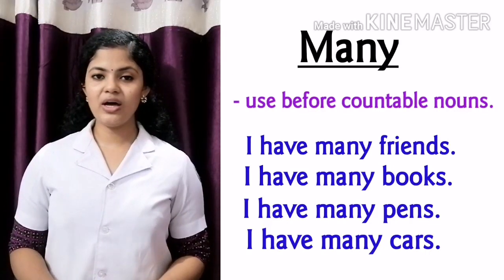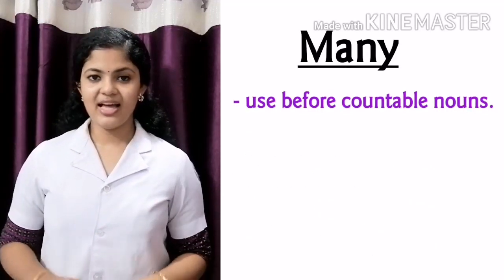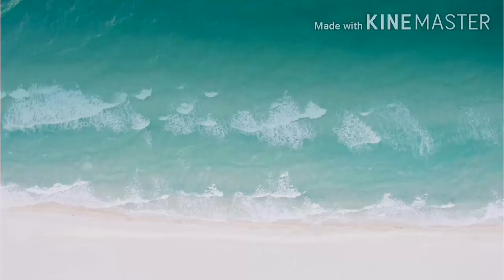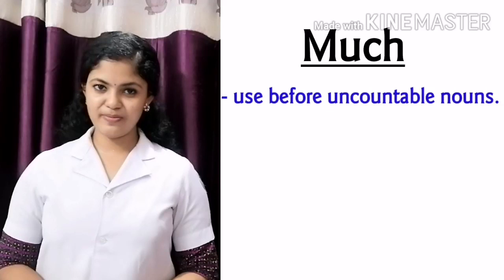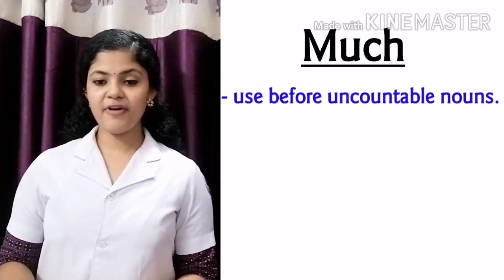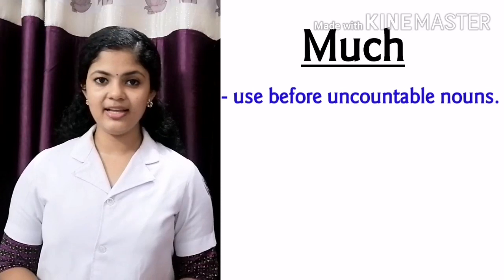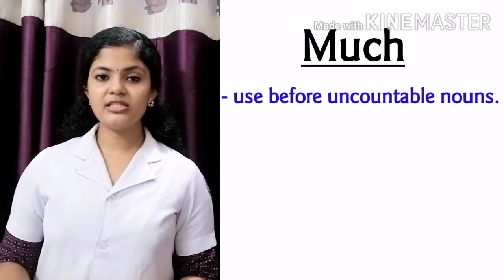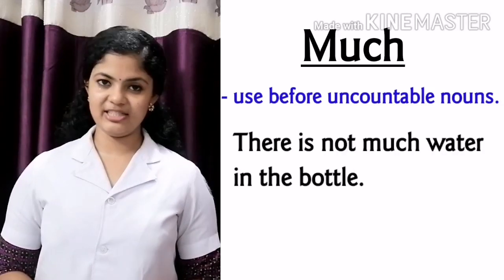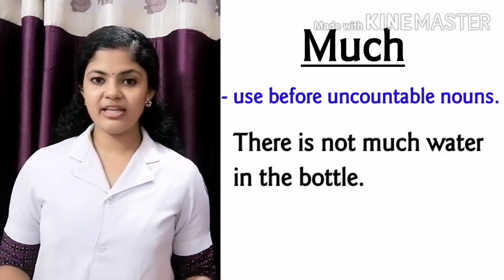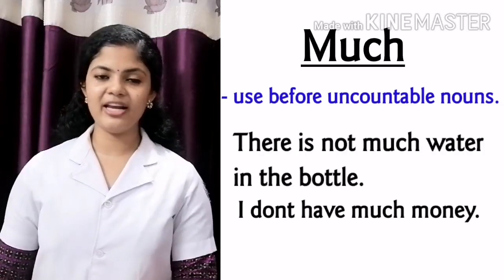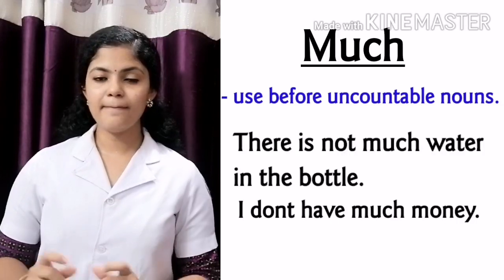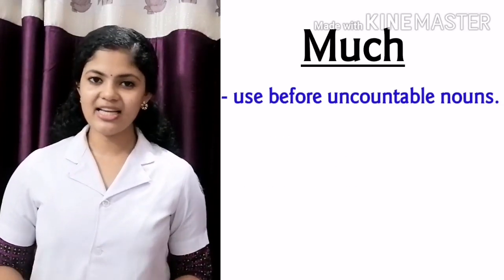Okay, so the word many is used with countable nouns. The next one is much. We use the article the and the word much with uncountable nouns. If I don't have enough water in the bottle, I can say there is not much water in the bottle. If there's not enough money with me, I can say I don't have much money. So the word much is used with uncountable nouns.